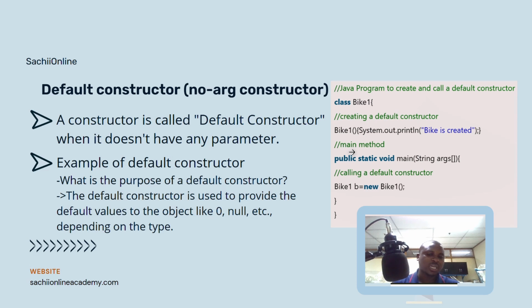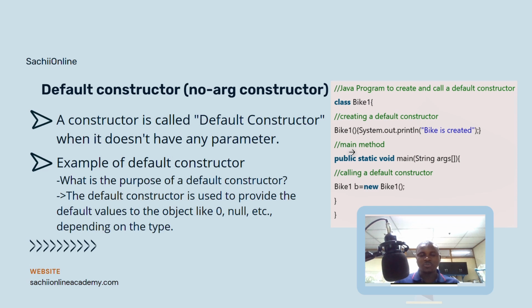The default constructor is used to provide the default values to the object, like 0, null, etc., depending on the type. So when I tried to print the name and the age of the German Shepherd dog, you see that we actually got a null and a 0. Why? Because the default constructor was used to initialize those variables. I just declared them and I didn't put the values for that object.